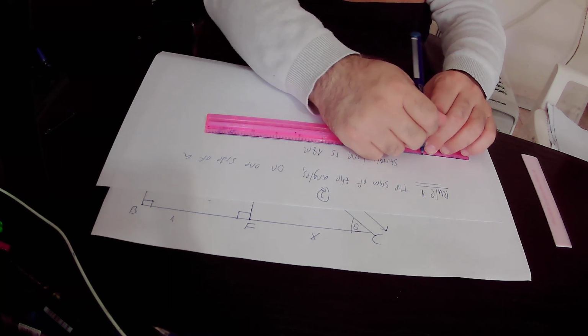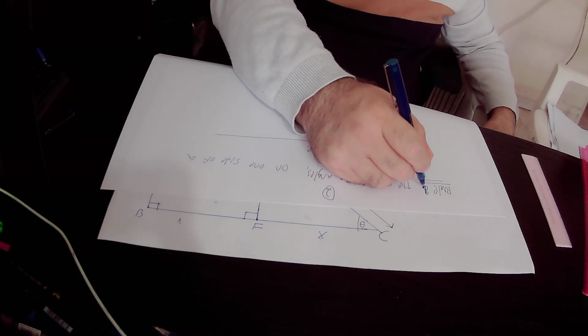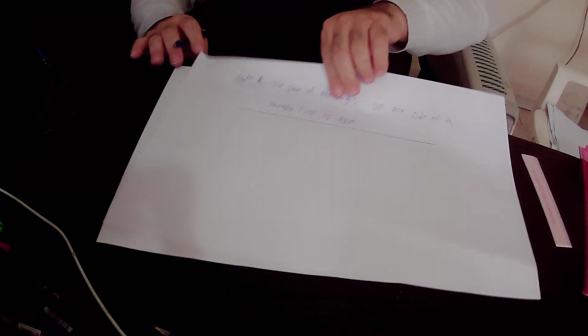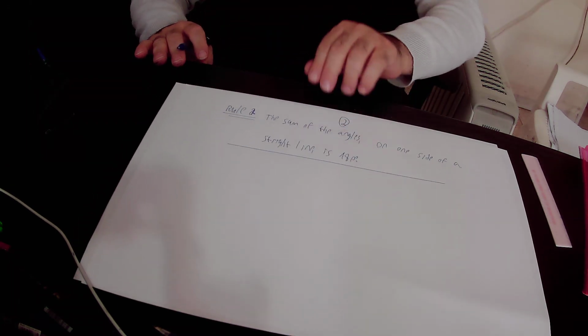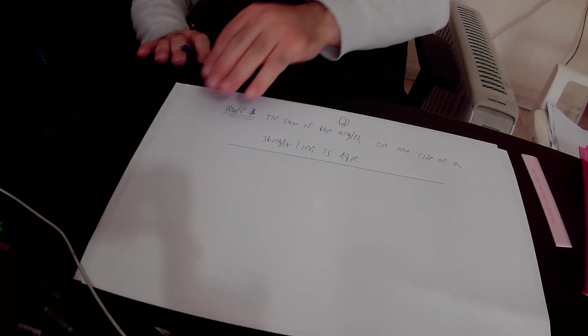I read rule number 2 again: the sum of the angles on one side of a straight line is equal to 180 degrees.